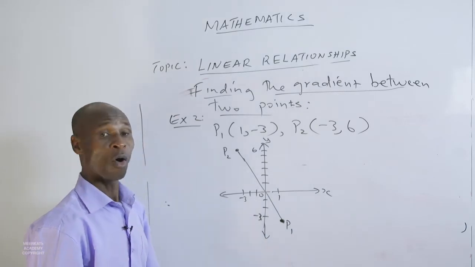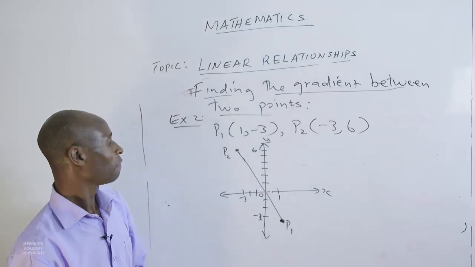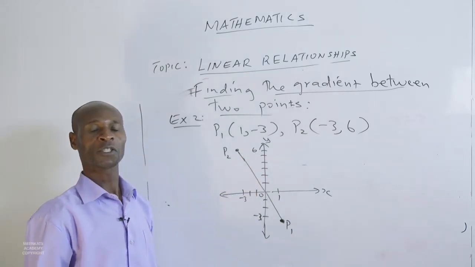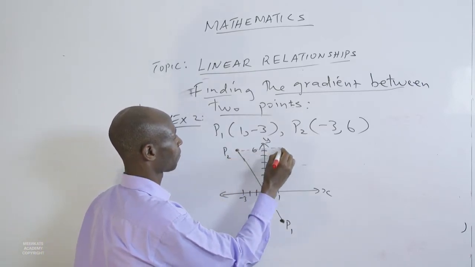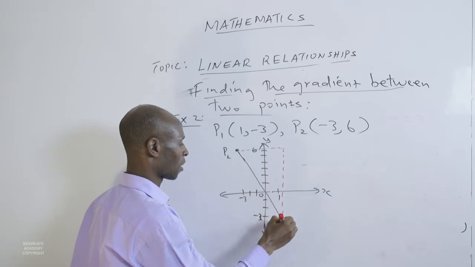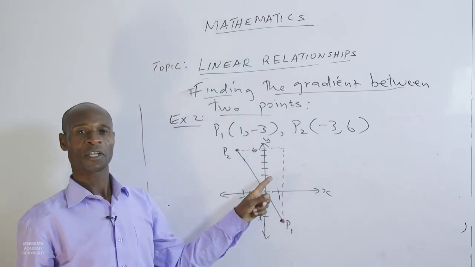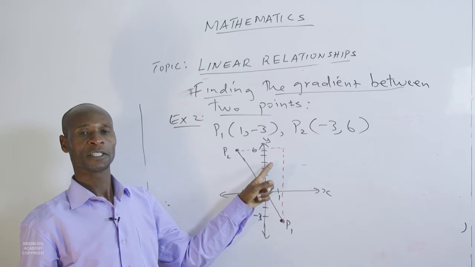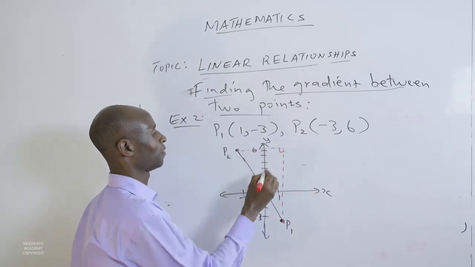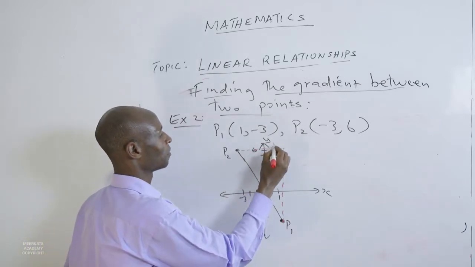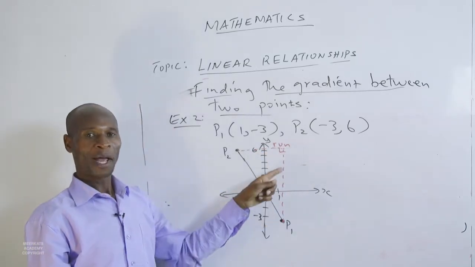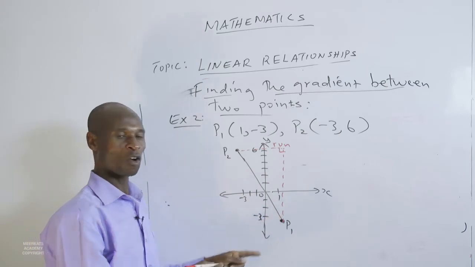So we can find the run, which is the horizontal distance between the 2 points, by creating a right-angled triangle. So the run is the horizontal component, while the rise is the vertical component.